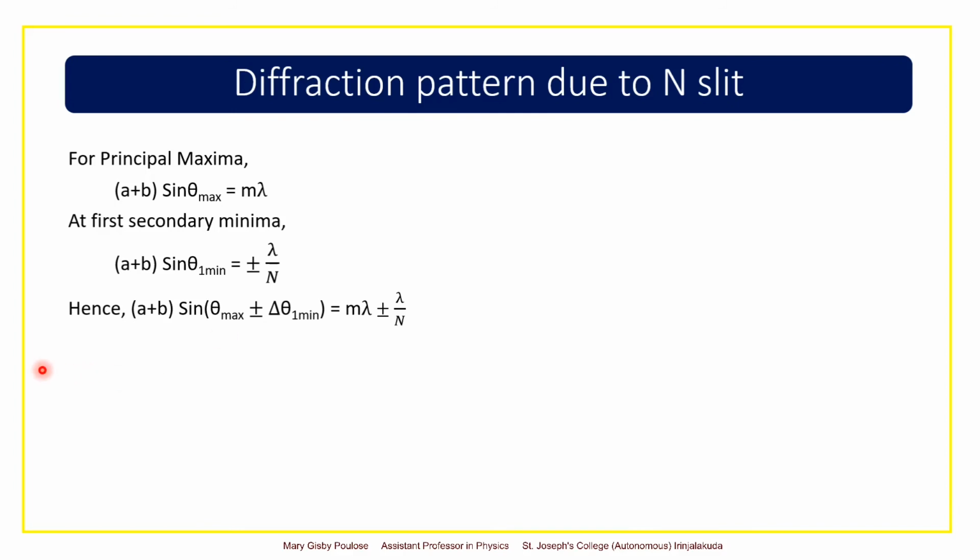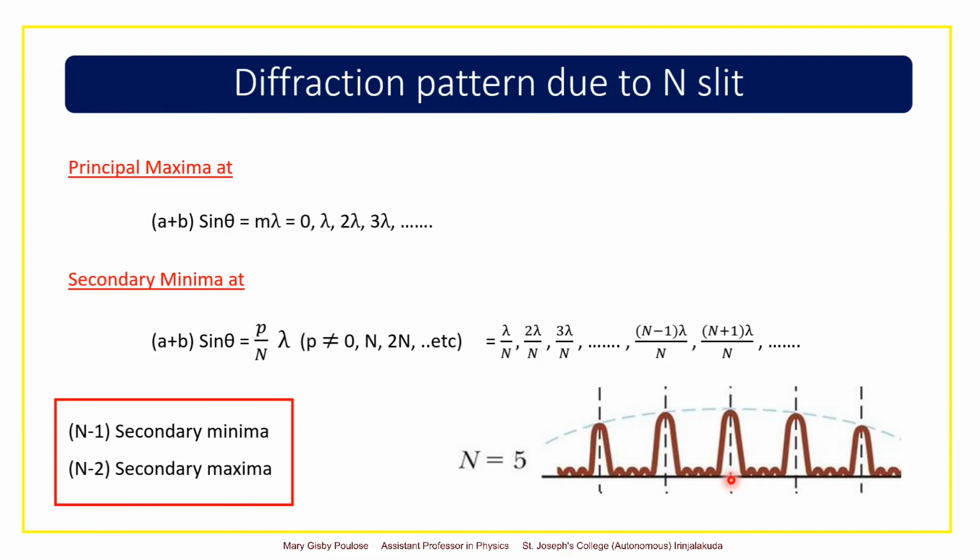Hence, we can write (A plus B) sine of (theta max plus or minus delta theta 1 minimum) is equal to m lambda plus or minus lambda by n. So, in this figure, if this is the principal maxima that we have selected, from our point of reference here, it will be at an angle theta max.